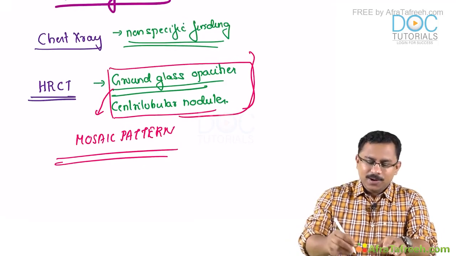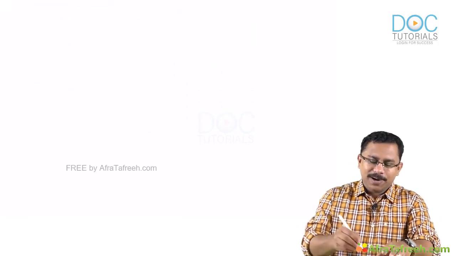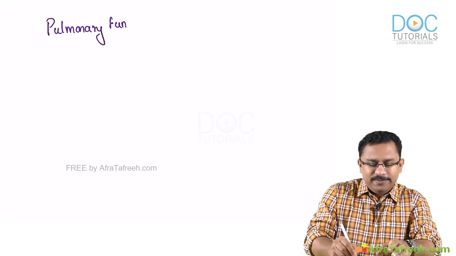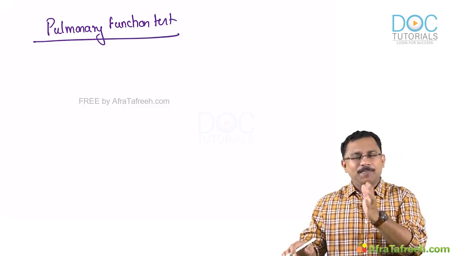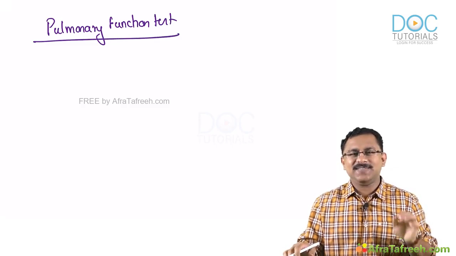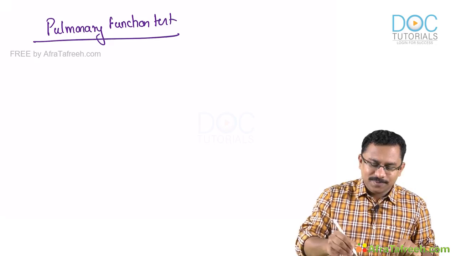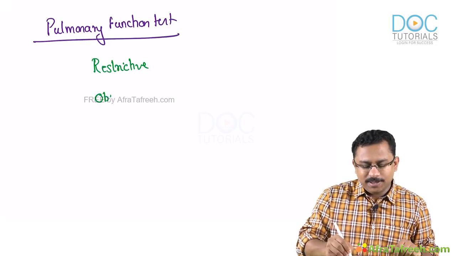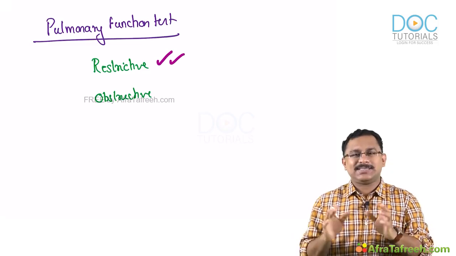Now next, after chest X-ray and HRCT, you can go for the pulmonary function tests, PFTs. In the pulmonary function test in hypersensitivity pneumonitis, you can have either a restrictive pattern or an obstructive pattern, but commonly what you see is the restrictive pattern.